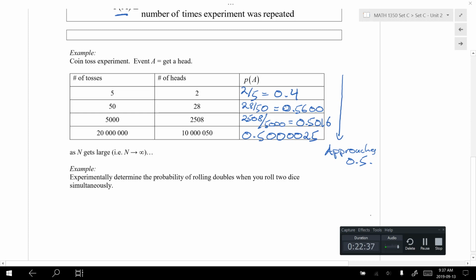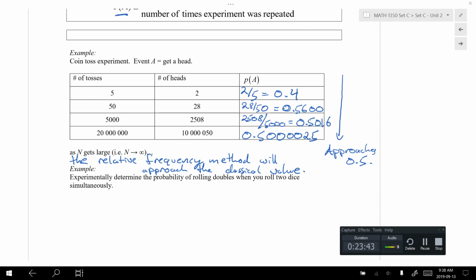But for now, let's just remark that this relative frequency method will approach the classical value.